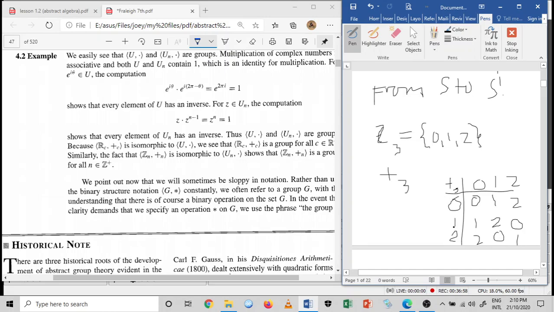Also, we can find an element added to 1 so that the sum is 0, which is 2. 1 plus 2 is 0, meaning 2 is the inverse of 1. There is also an inverse of 2 because 1 added to 2 is 0. Therefore, the inverse of 2 is 1. Each element in the set Z3 has an inverse for addition modulo 3. So, this structure Z3 together with addition modulo 3 is actually a group.